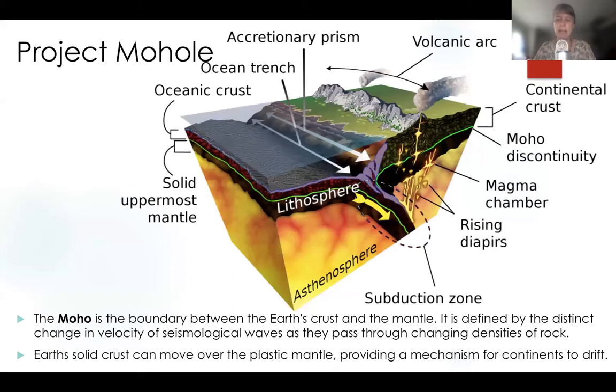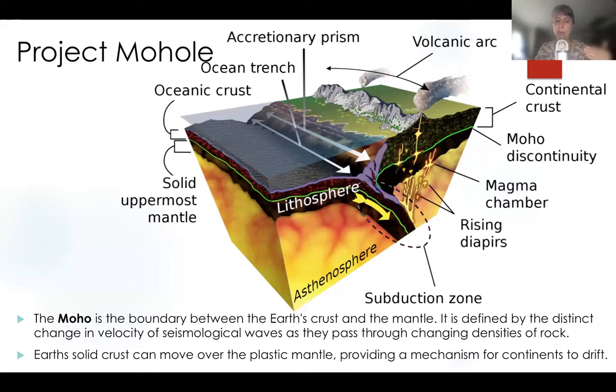So 1957, we've got these ideas coming together that maybe plate tectonics is true and we need to test it. And so what better way to test it than to go out and drill down through the solid crust to where the crust is plastic, moving or able to be moved, and we can move our continents around. Seems like a really great idea.